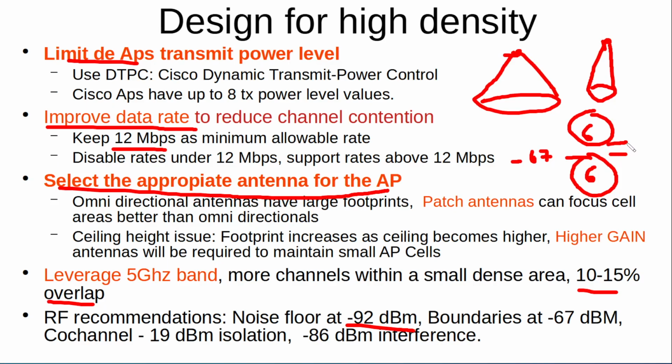Maintain co-channel isolation of minus 19 dBm. So at the beginning of your next cell, you have an actual interference of minus 86 dBm.